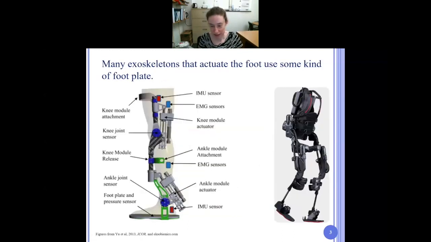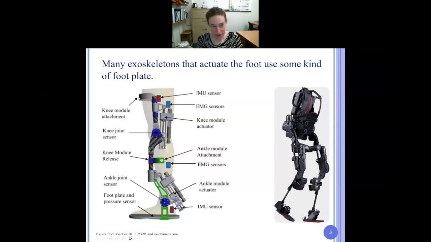Now, if you have an assisted device, you're likely to have a foot plate in order to attach this device to the person. And it's possible that this foot plate can mess up the foot movement. So for example, in this figure over on the left, basically the colored part is a powered exoskeleton.